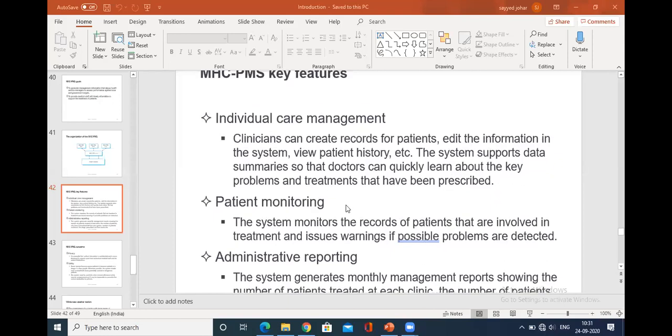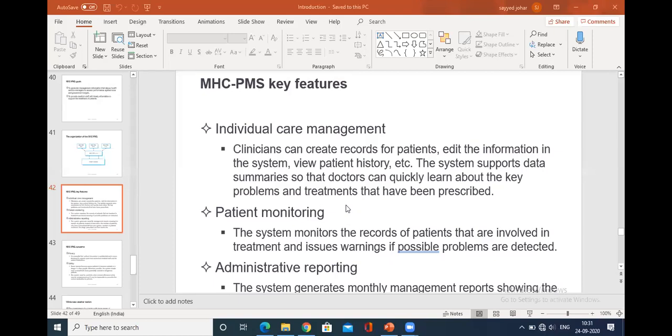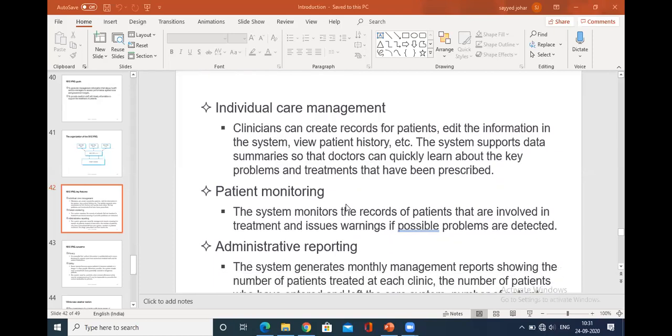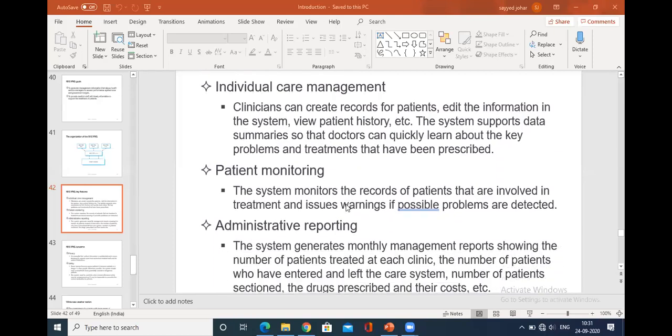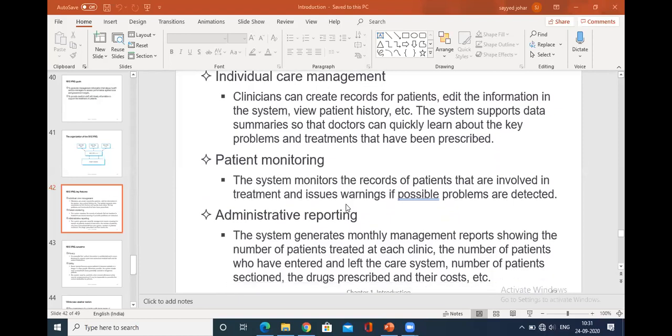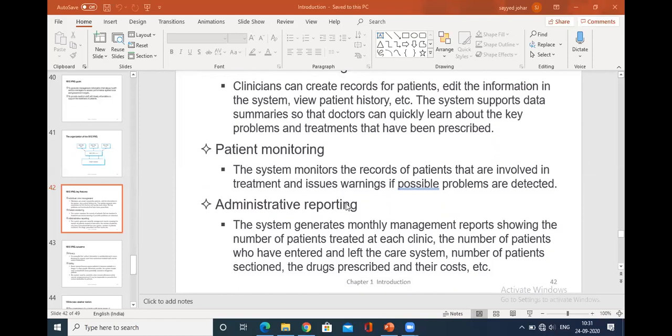So these are all the key features. It helps you in individual care management, monitoring of the patients. It might also help in generating reports.